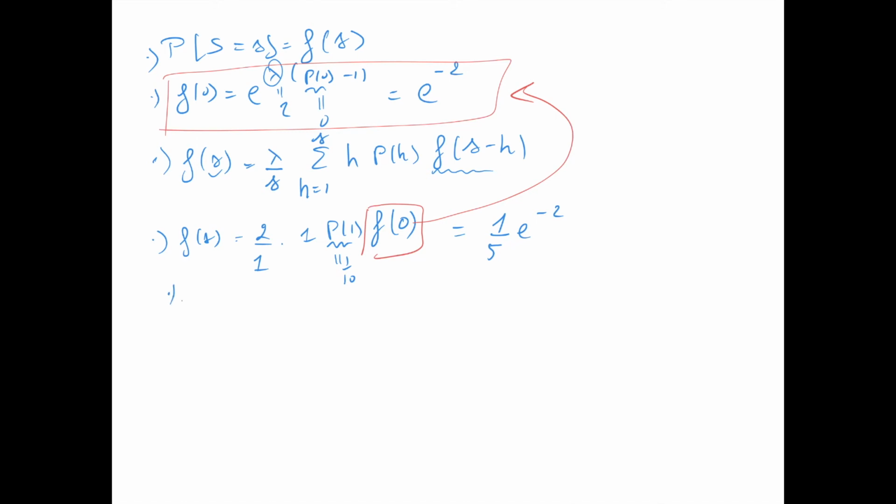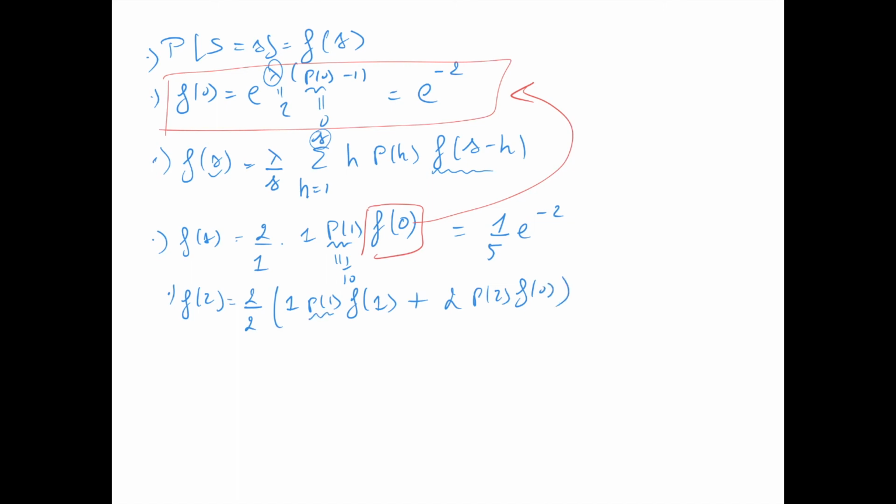Let's now calculate f2. f2 means that s is equal to 2, so now I have two terms in my summation. Lambda is still equal to 2, divided by s, which is also equal to 2. My two terms are, first, I put h equal to 1, so I have 1 times p1 times f(s minus h), which is now f1, plus then h equal to 2 gives 2 times p2 times f applied in s minus h, which is now f0.